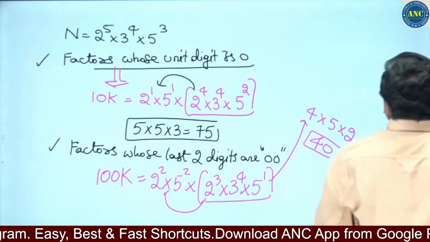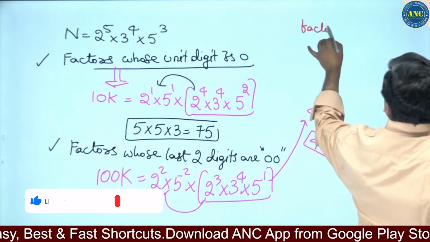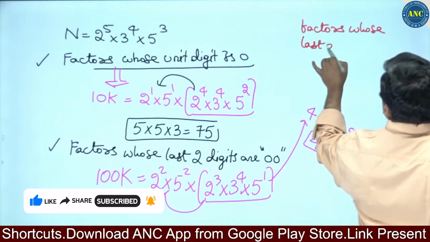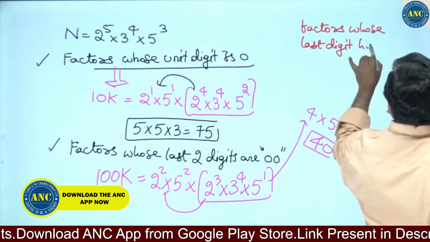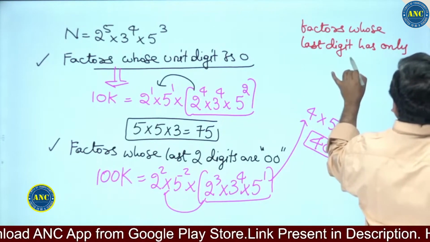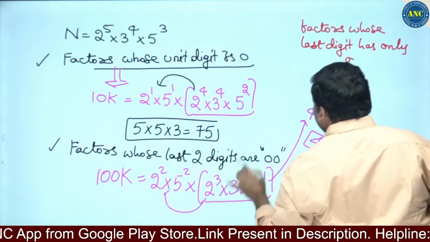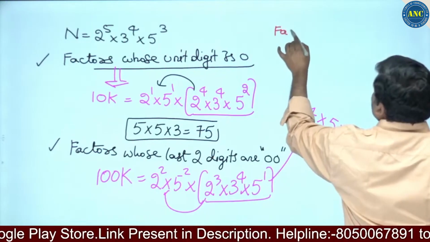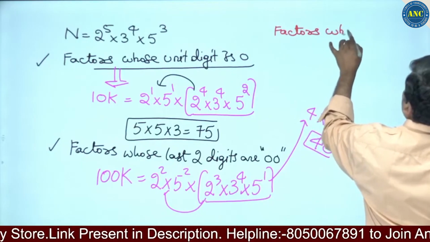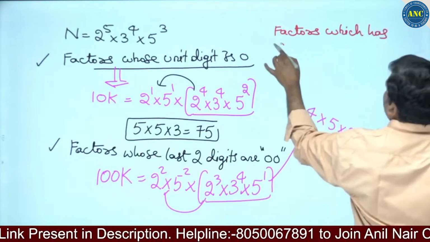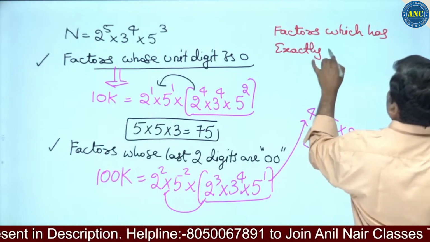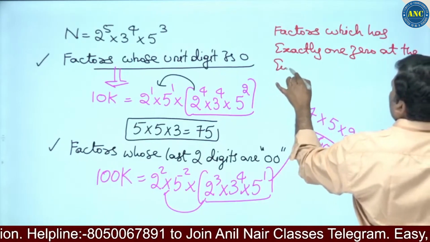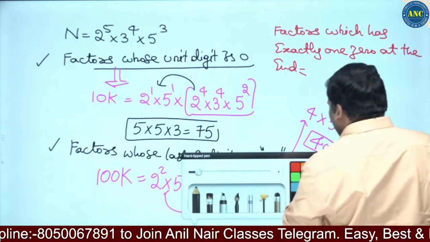Suppose we ask a question: factors which have exactly one zero at the end.